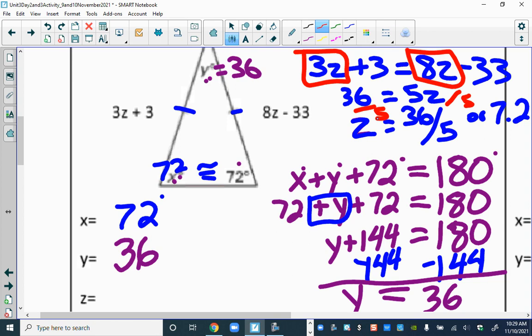Anybody have questions about this one? There might be cases in the future where you're going to get decimals or fractions for responses. I don't want you to think that's never going to happen. It could happen.